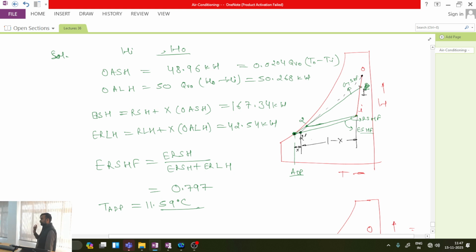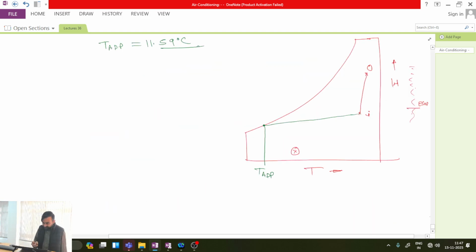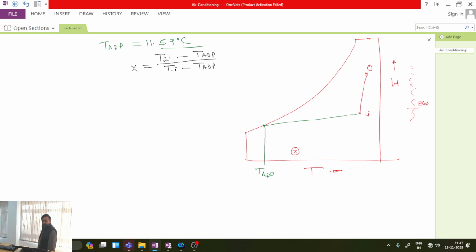Clear or not? Okay. If this is the scenario, I can write that X is equal to T2 dash minus TADP divided by TI minus TADP. Can I write this?